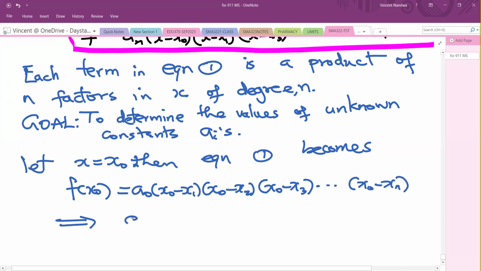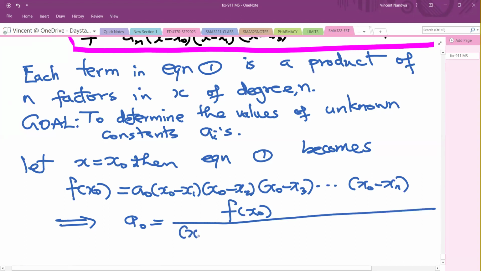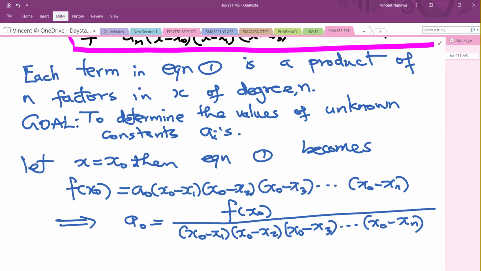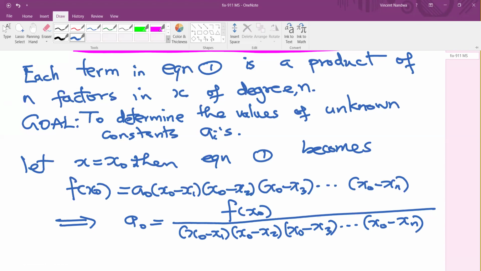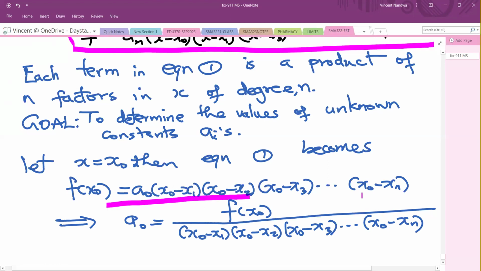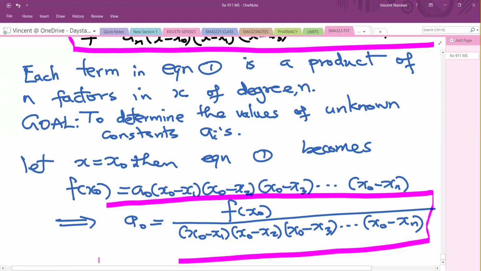So you can make a naught the subject, and this will be f of x naught divided by x naught minus x1, x naught minus x2, x naught minus x3, all the way up to x naught minus xn. You can call this one 2. So this is the value of the unknown constant a naught.